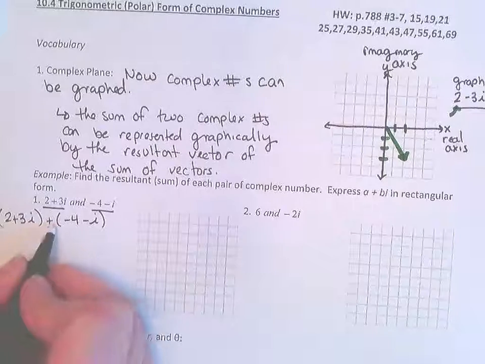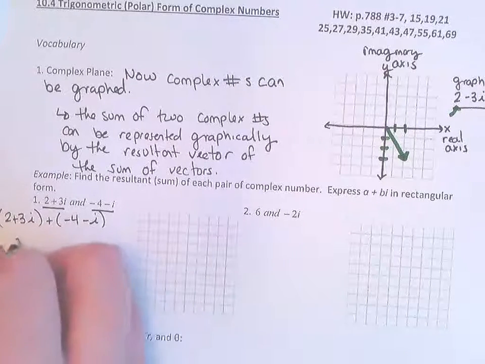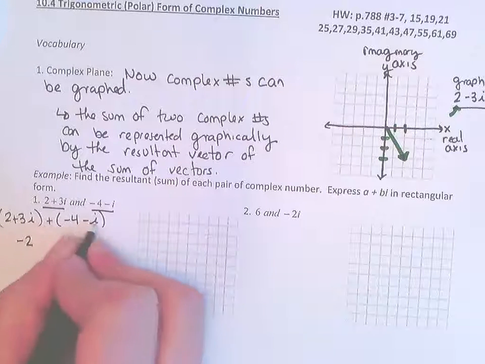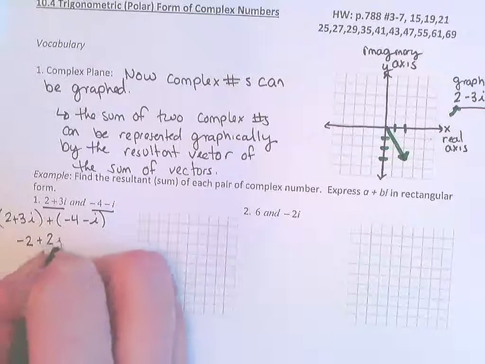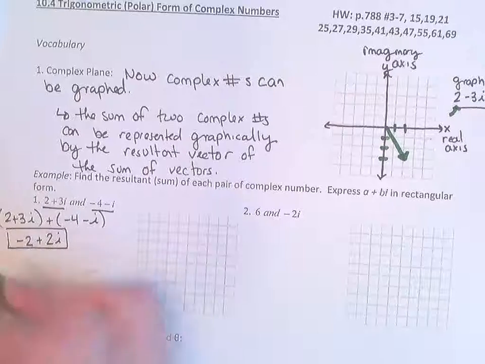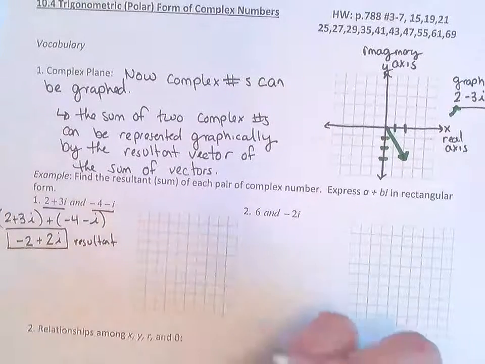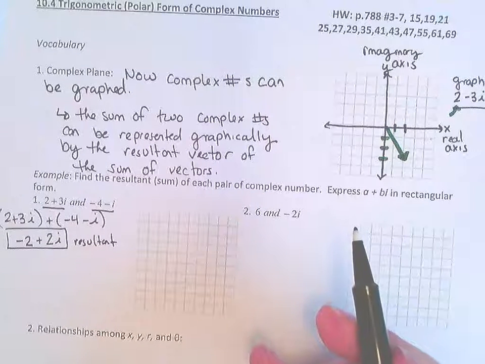So 2 plus negative 4, which is 2 minus 4, becomes negative 2. And 3i minus i gives us positive 2i. So this right here is the resultant vector of each pair of complex numbers.